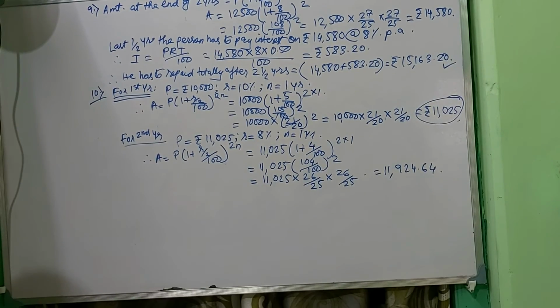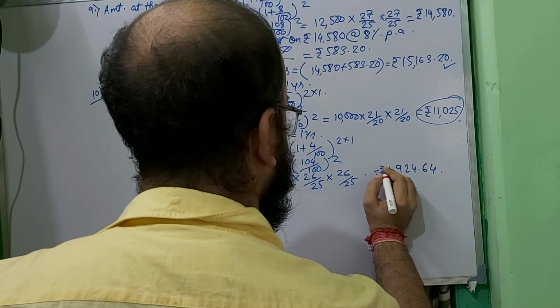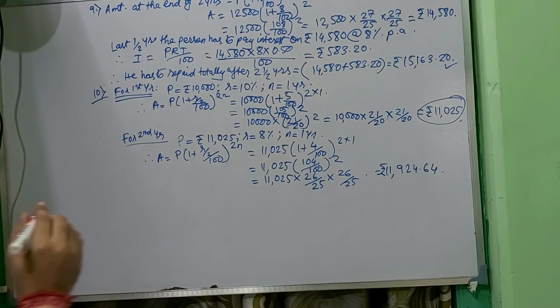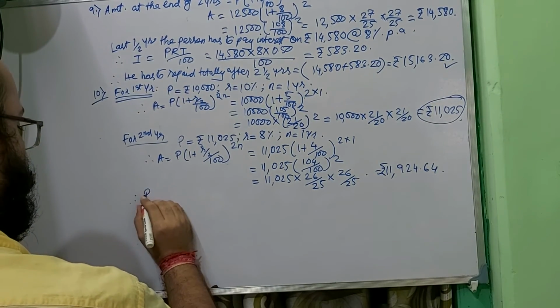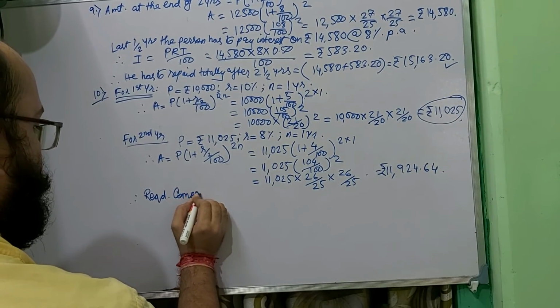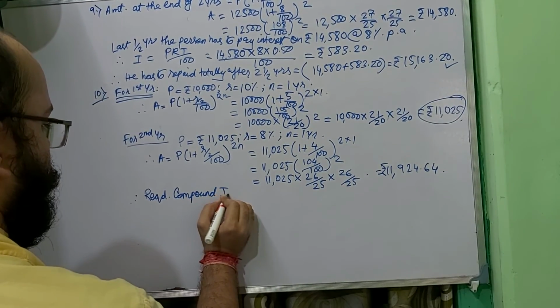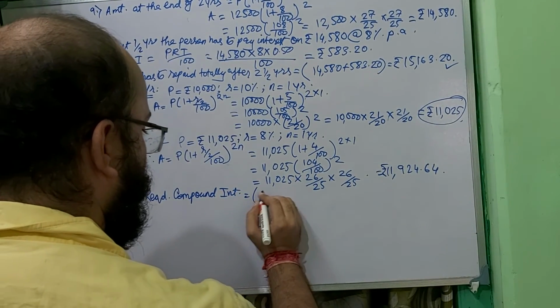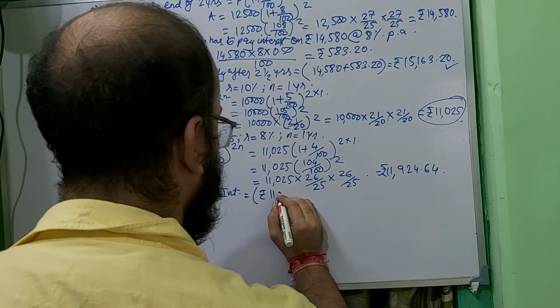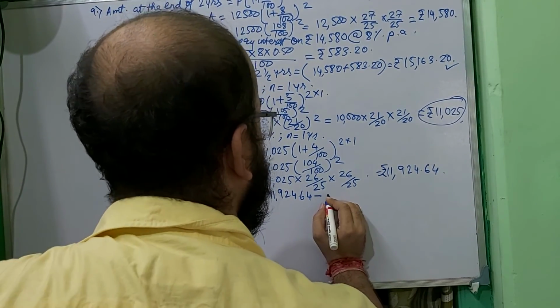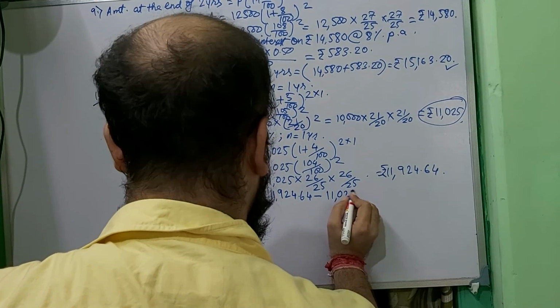Okay, this is for the second year. Now what will be the compound interest? Therefore, the required compound interest is equal to, if you deduct this from the 2 amounts, 11,924.64 minus 11,025.